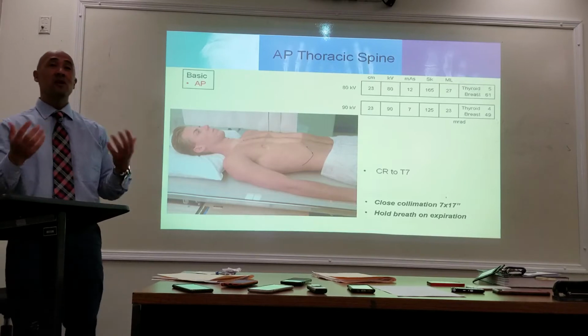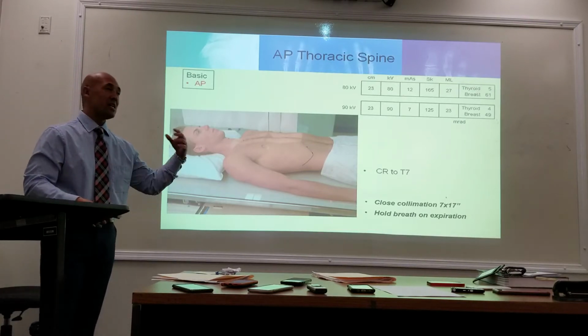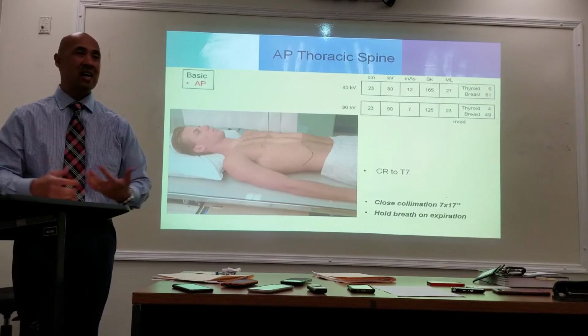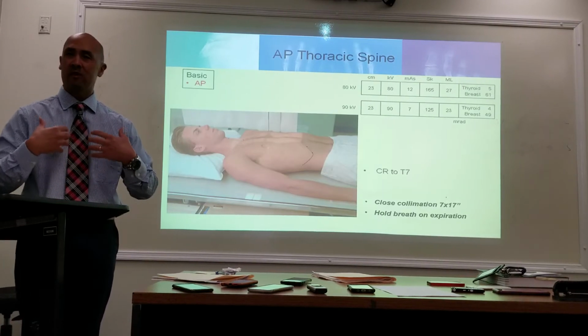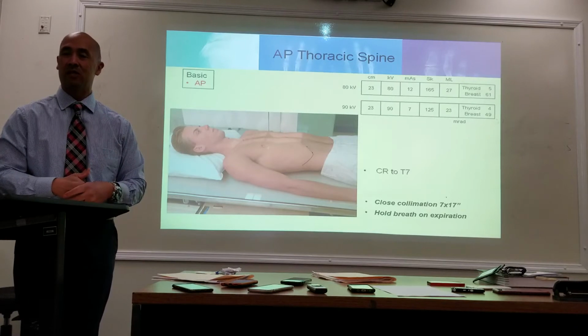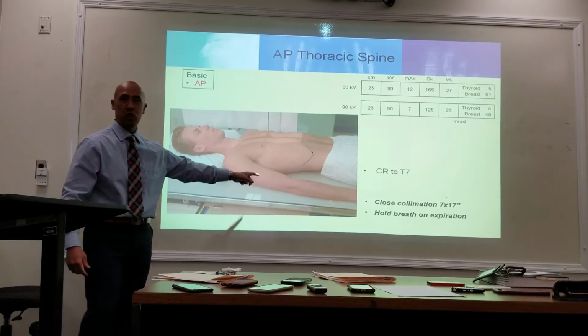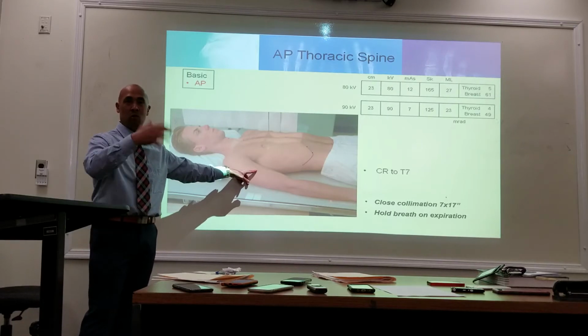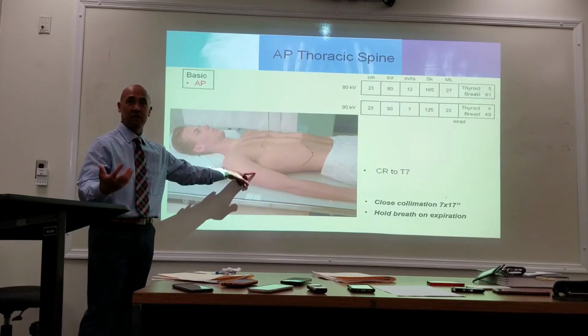Because if you don't get rid of the air, you're going to end up with an image that's a little bit more dense, higher density. So we're trying to get rid of the air in the lungs as much as possible. And that's why they're showing you to do it this way, because you can expel more air in a supine position than you can standing up.